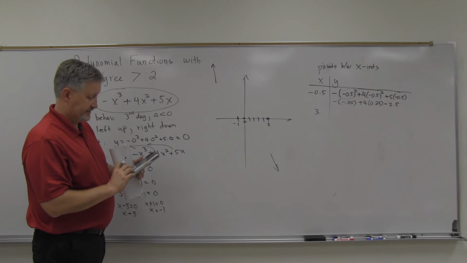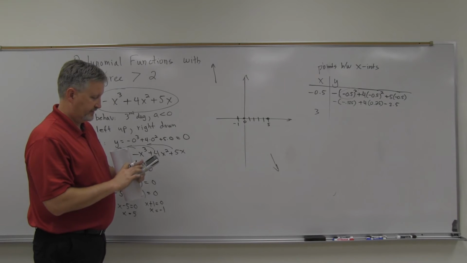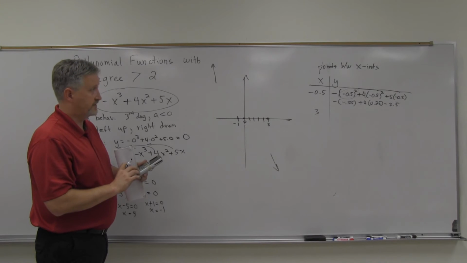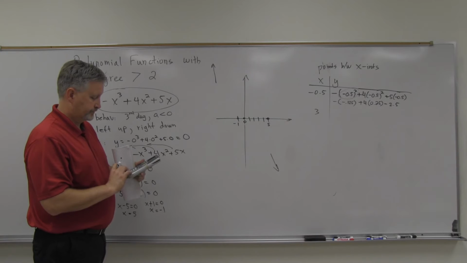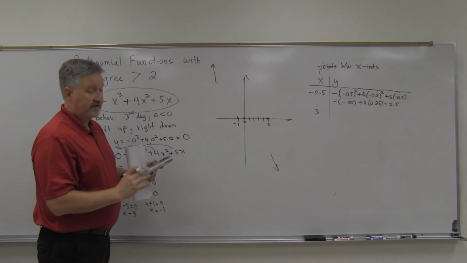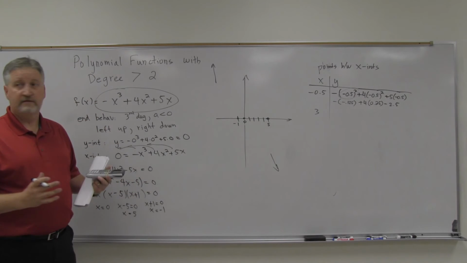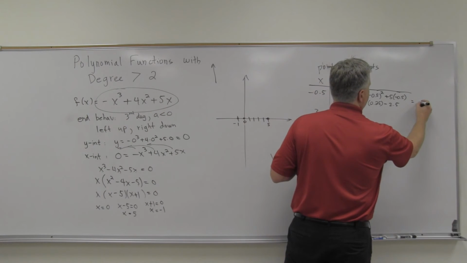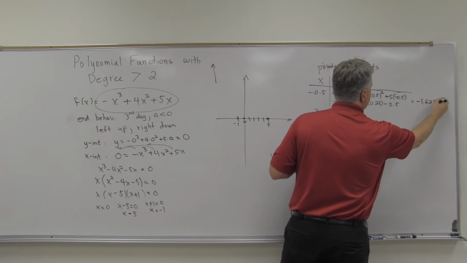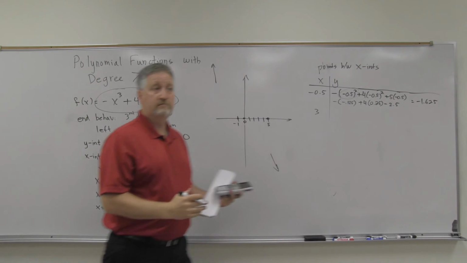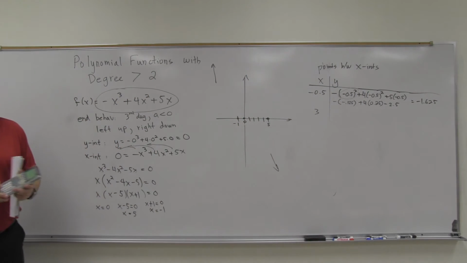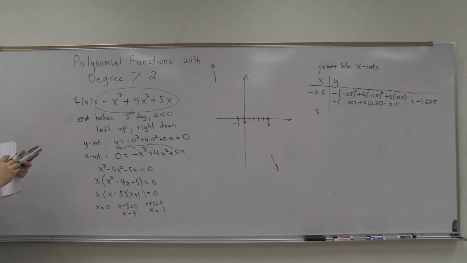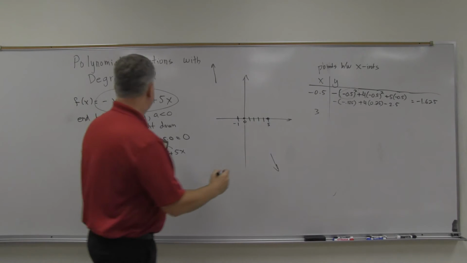Punch it in, right? Negative 1.625. Anybody else get that? Close, anyway. All right, then the 3, obviously that's an easier one.